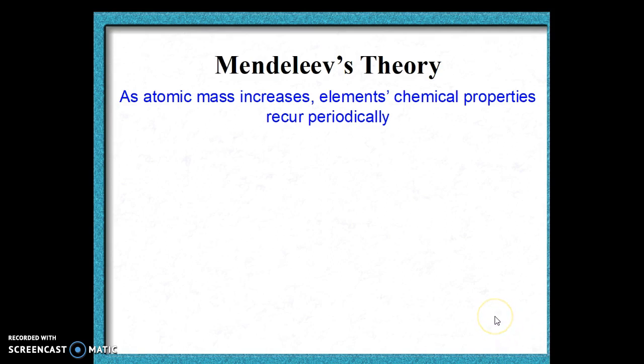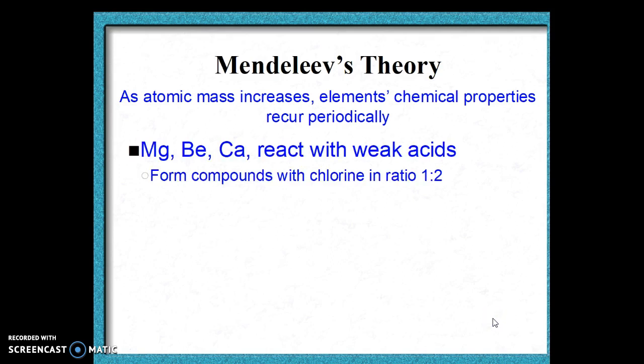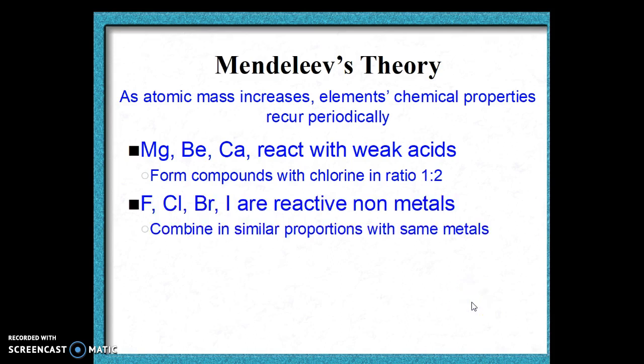His theory is that, again, as atomic mass increases, the chemical properties of the elements recur periodically. So, for instance, magnesium, beryllium, and calcium all react with weak acids, and they form compounds with chlorine in the ratio 1:2. Fluorine, chlorine, bromine, and iodine are reactive nonmetals, and they combine in similar proportions with the same metal.